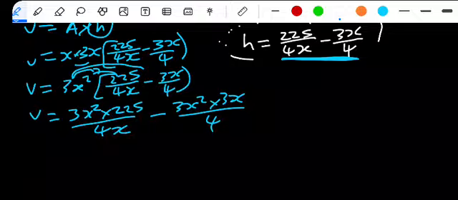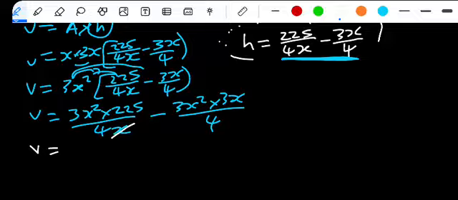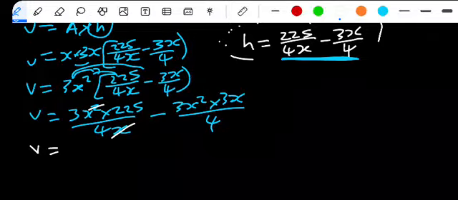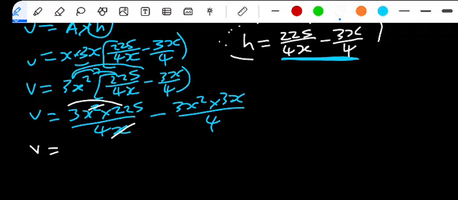So V, take note. So we have x squared, we have x. This x will cancel with one of the x on the top part there. Are we together there? But now we're left with what? On the top, 3 multiplied by 225, divided also by 4.